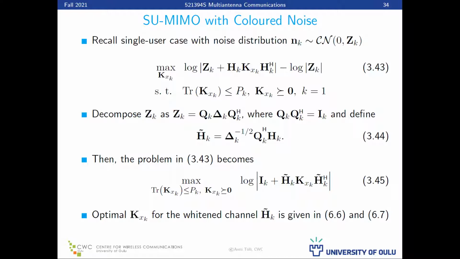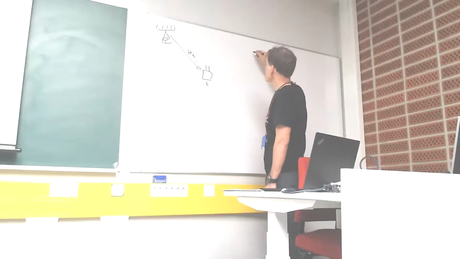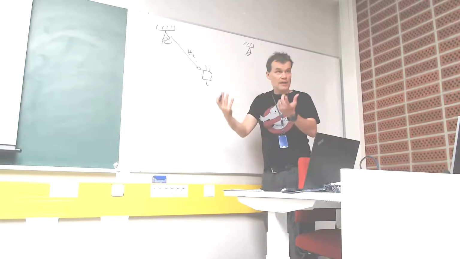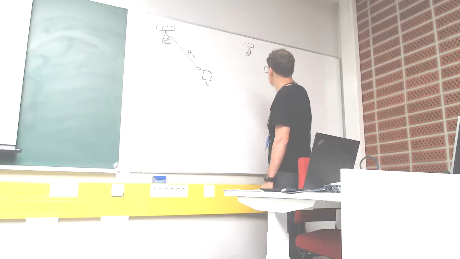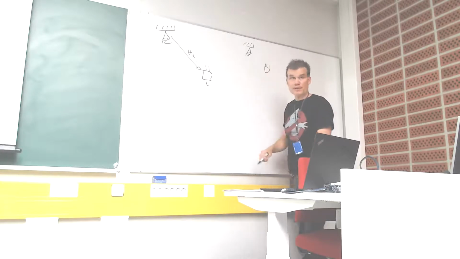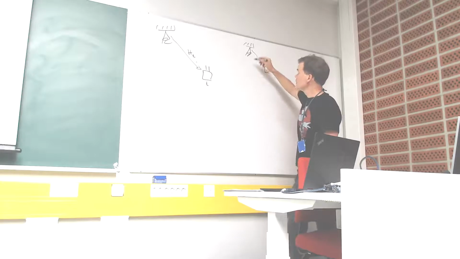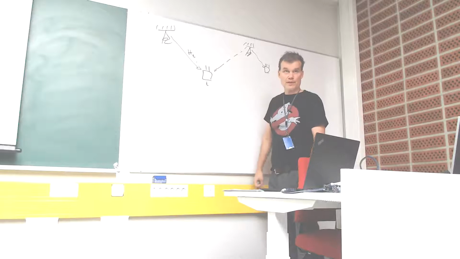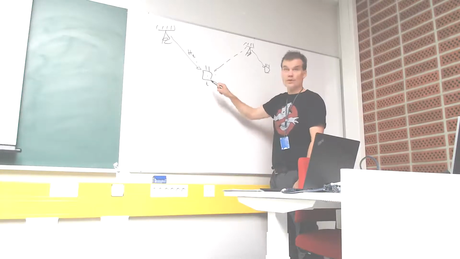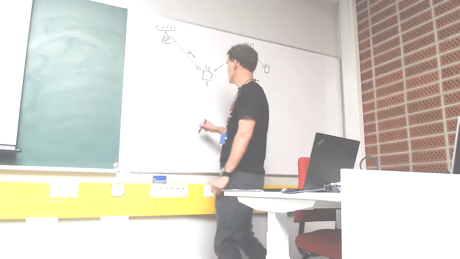This is channel H, well, HK. Then we have some interference coming from somewhere. This applies to both downlink and uplink. So this base station is serving, for example, this user here, right? But it's interfering with this user over here, right? So that interference adds up to the noise, right?